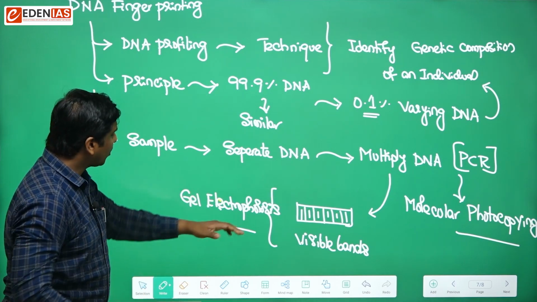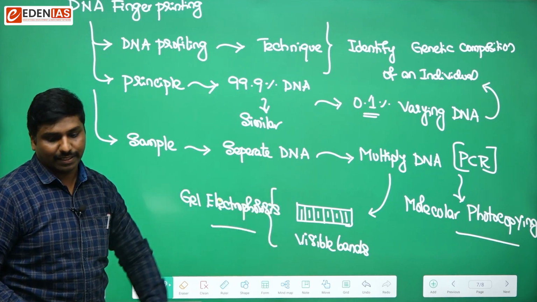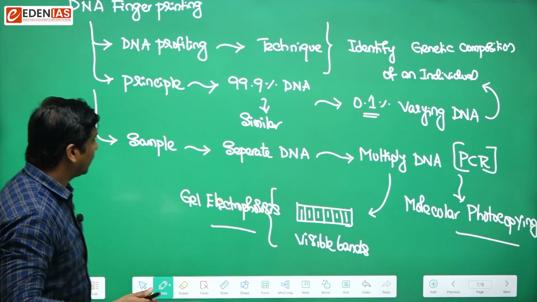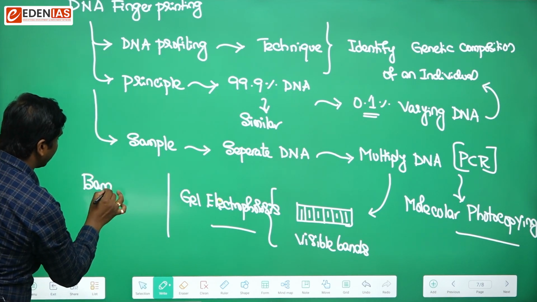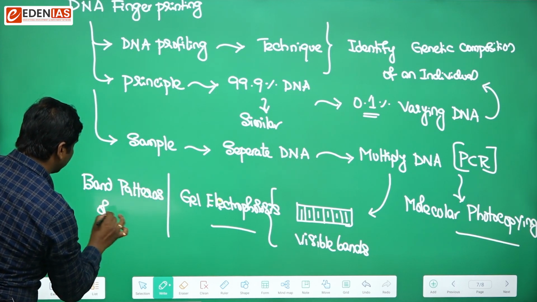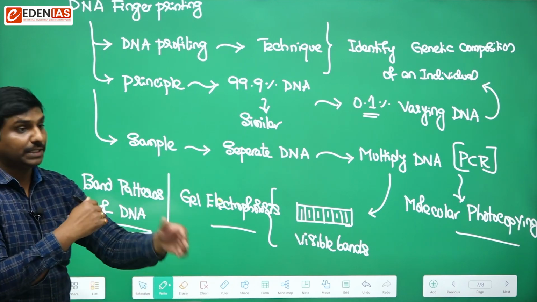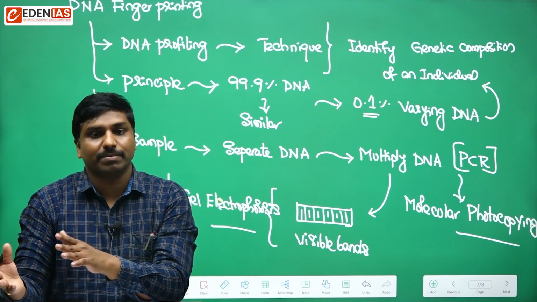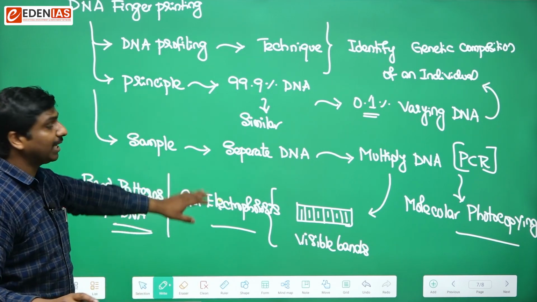That process is gel electrophoresis. When they become visible bands, they will get the complete band pattern of DNA. Thus they will get the profile. The profile would be decoded, and in a similar fashion, they will take the samples of suspects and match them. Whichever matches, that is the individual.